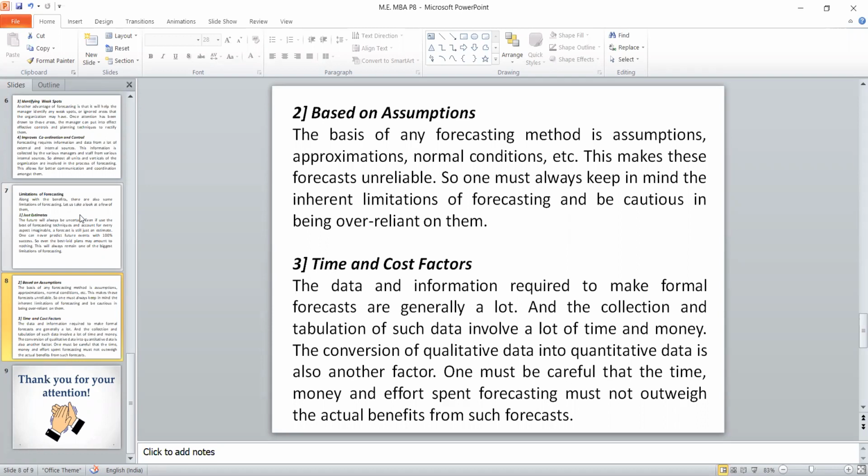The third limitation. When you say I'm going to complete this particular task and I want to estimate or predict how much time it may take, depending upon the task you have taken. Suppose I want to expand a particular unit, then what will be the demand for that particular area, and which is the right product?